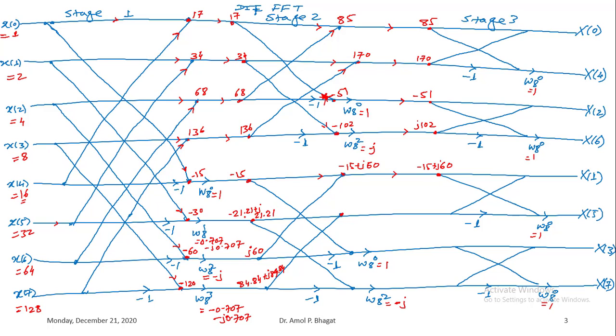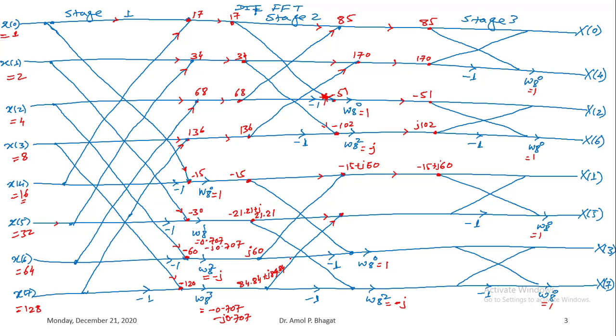At this point again this -21.21 plus j21.21 will get added with this value, that is -84.84 plus j84.84.